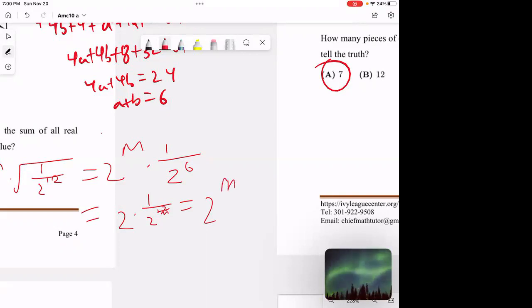Sorry, let me do this again. It's kind of hard to read my own writing.